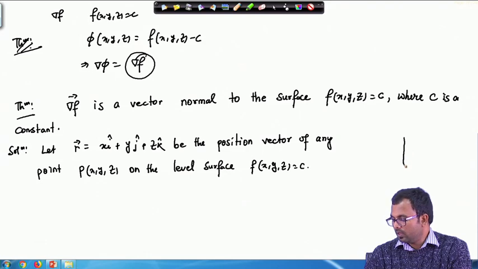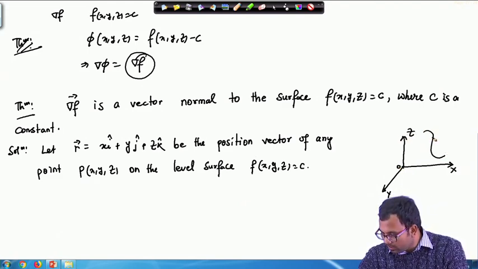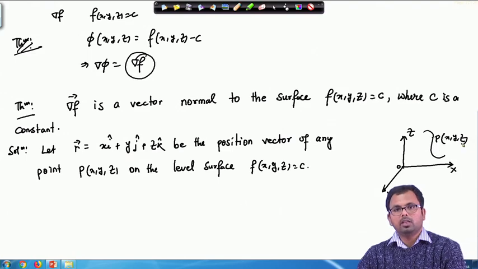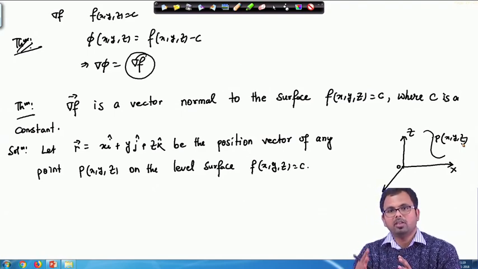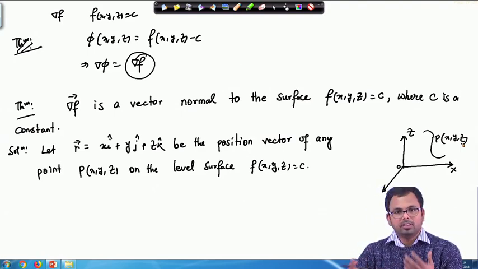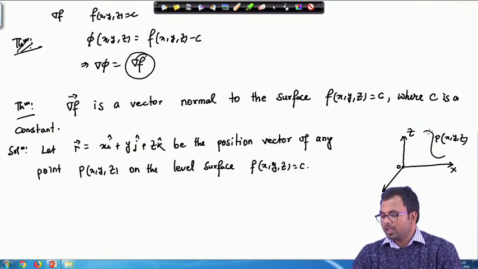So, if we have, let us say, the x axis, y axis and z axis, and let us say this is our level surface, and this is our point P. Of course, it is not looking like a surface; I drew it like a curve, but it is not a curve. We have to draw it properly so that it looks like a surface. Since I am not good at drawing, I just drew it like that, but remember this has to be a surface.